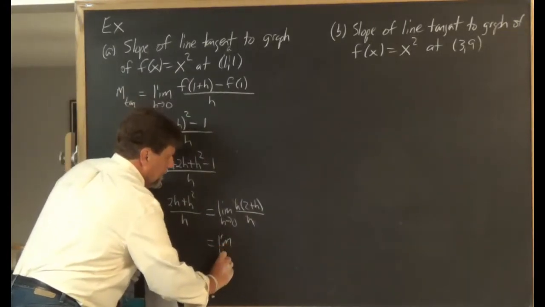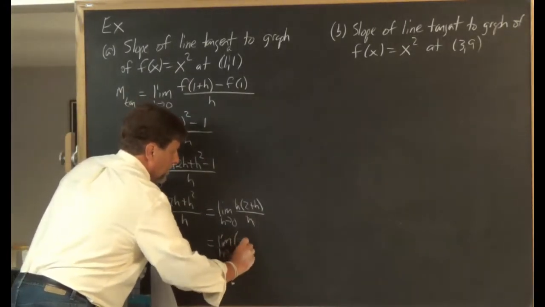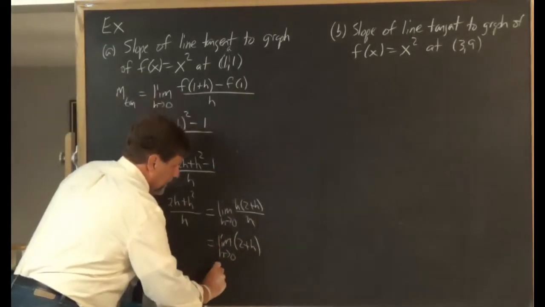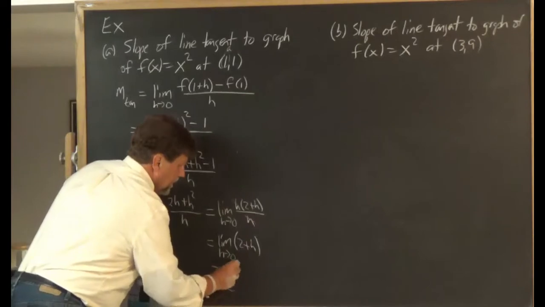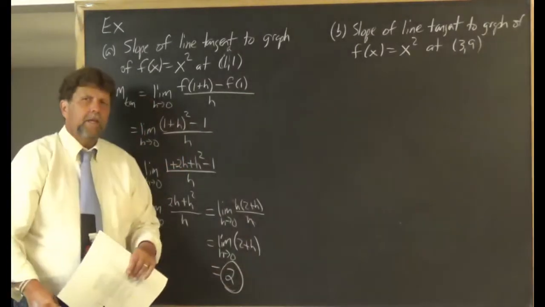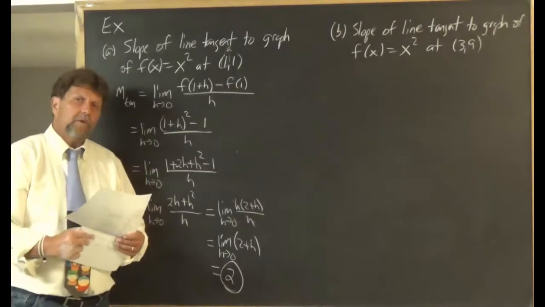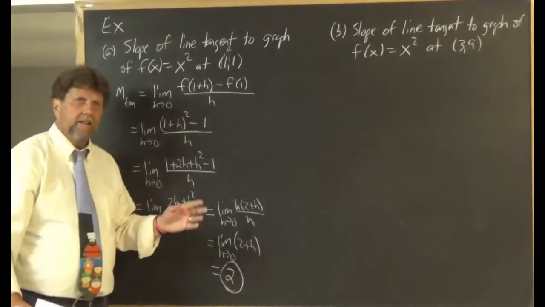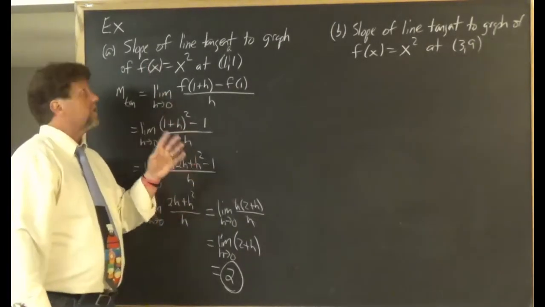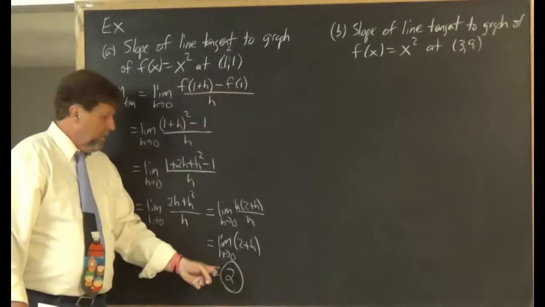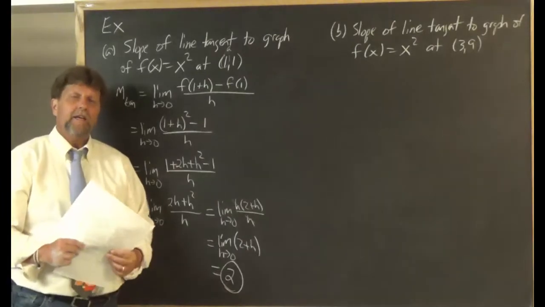That gives us the limit as h approaches 0 of 2 plus h. We substitute, and we get this to be 2. So our guess was correct. But this is the real deal. This isn't a guess. This is how we know the slope of the line tangent to x squared at 1, 1. We know it is definitely 2.